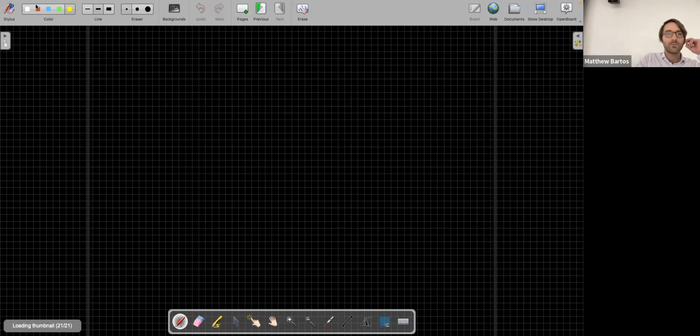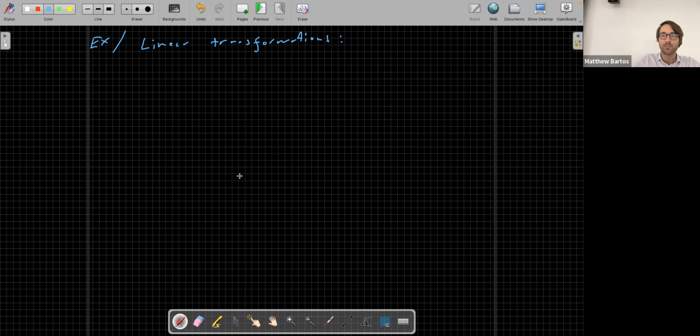Okay, so let's give a couple examples of linear transformations. First, just any sort of linear combination, right? Linear combinations. Differentiation.